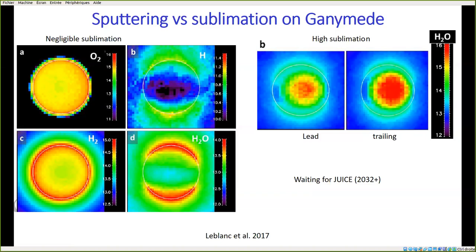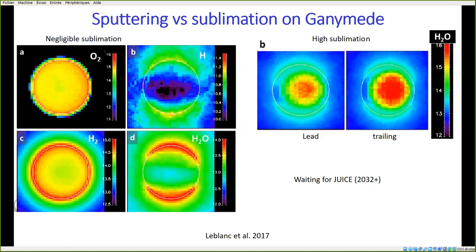In contrast, molecular oxygen and molecular hydrogen, which do not condense or stick to the surface, can diffuse from their production region to the rest of the object, and therefore they will have a much more extended distribution.